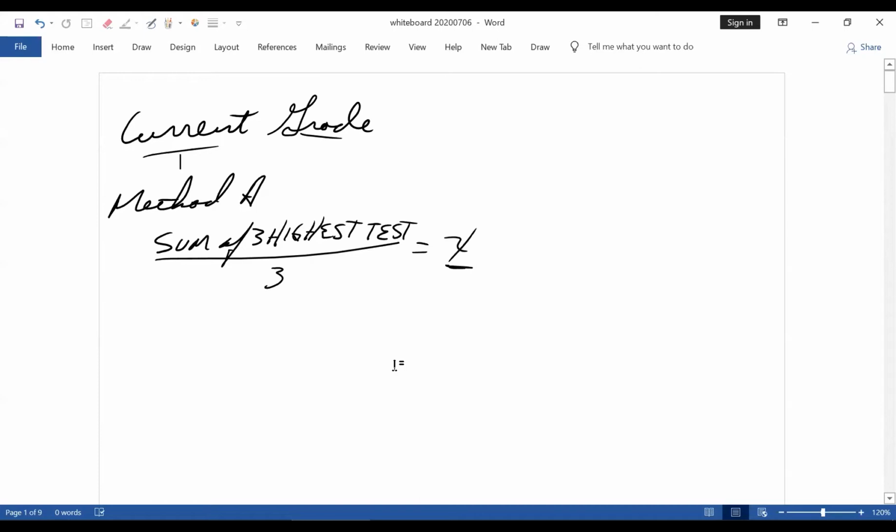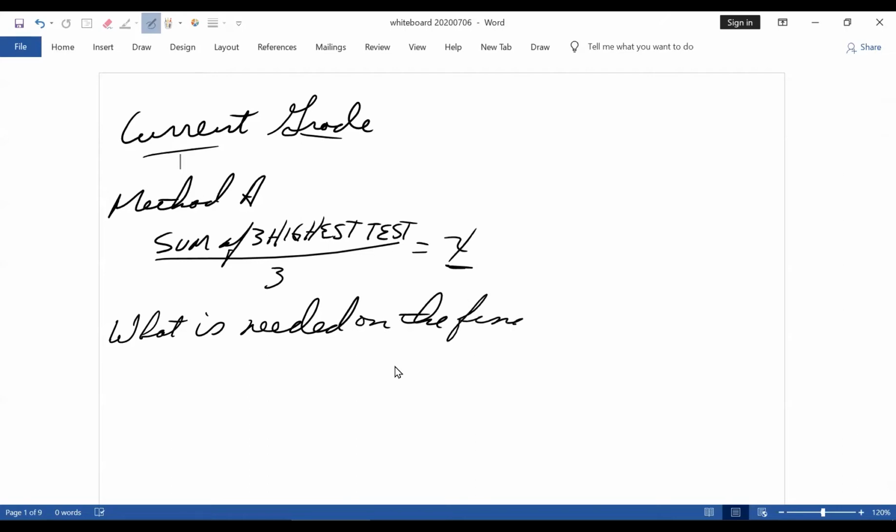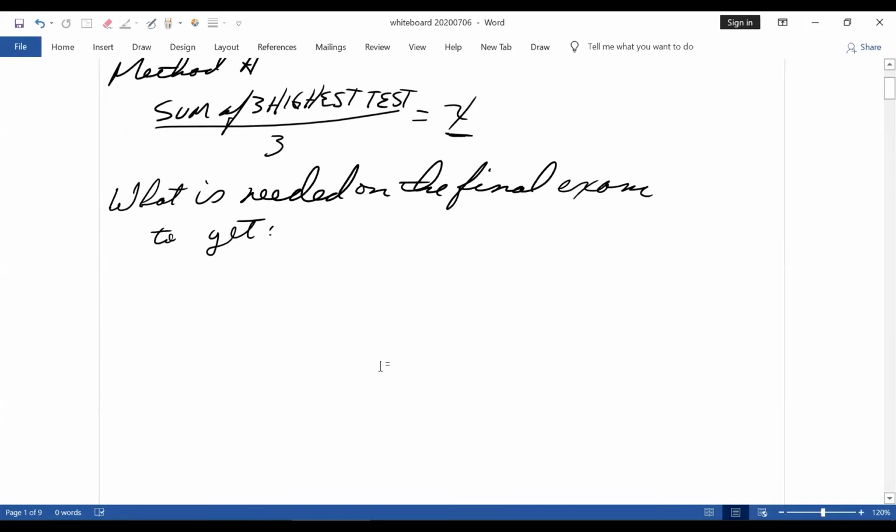Now the following calculation will assume you've handed in all your labs and you've done good.